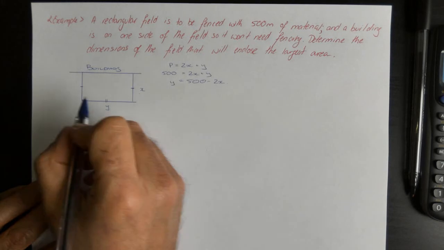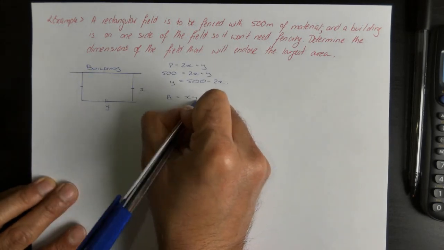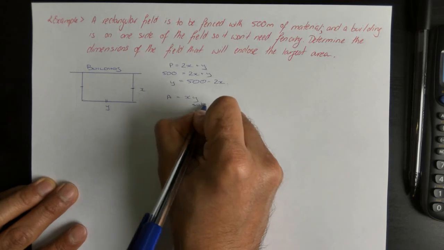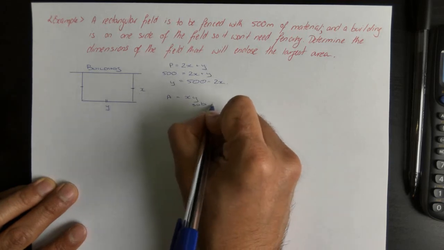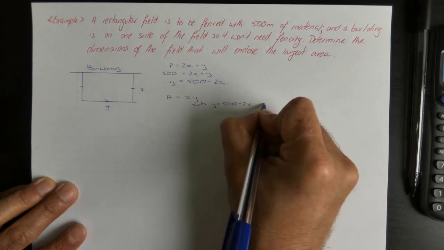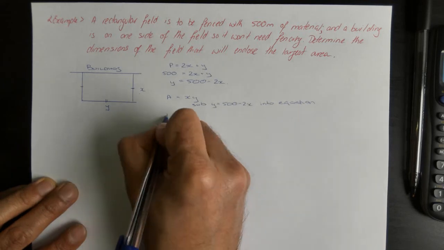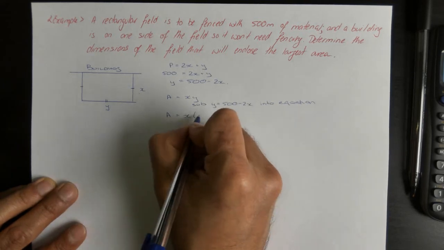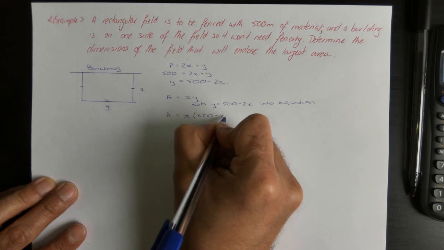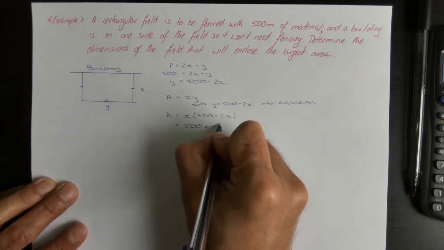Okay, I want to determine the maximum area. So area is going to be still x times y, but subbing what we have for y, we get area is equal to x lots of 500 minus 2x, which is 500x minus 2x squared.